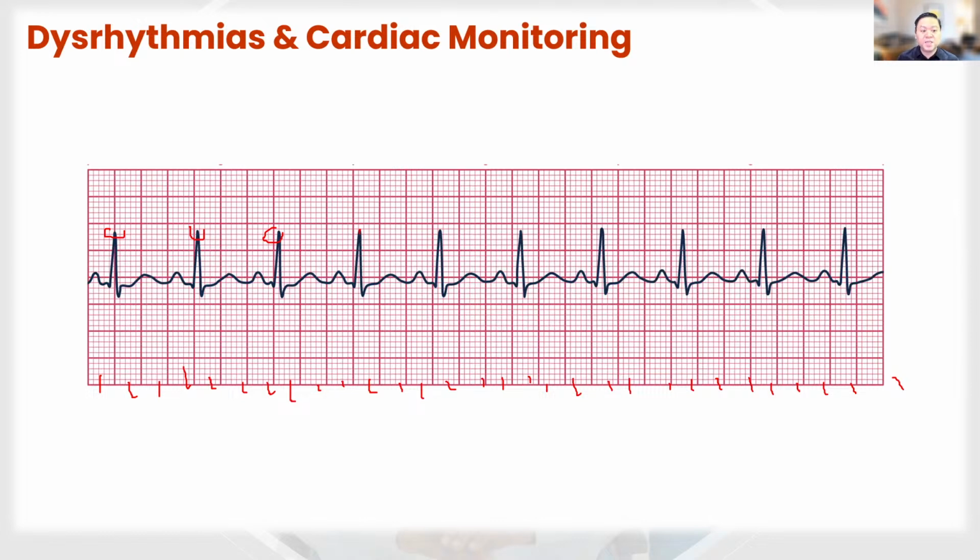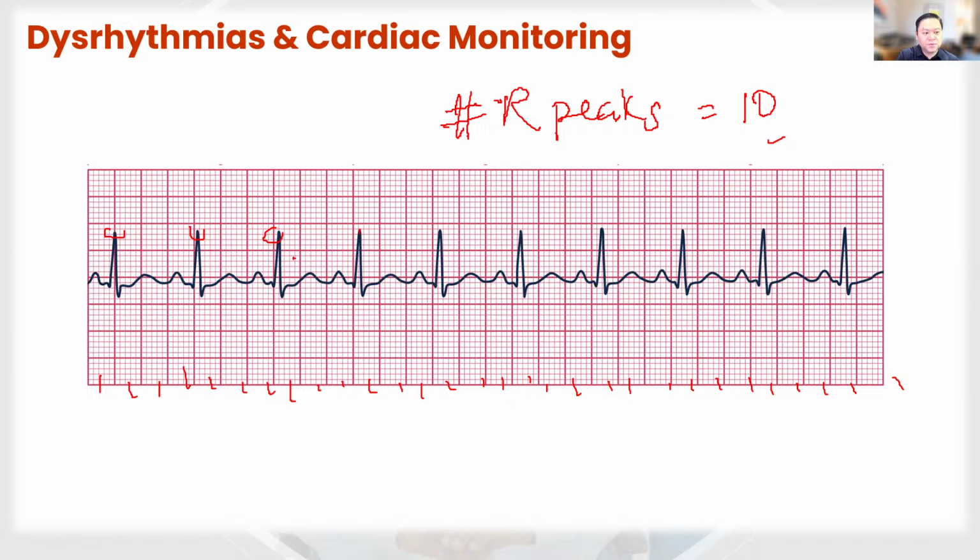So we're going to multiply the number of R peaks by 10, and that would be the heart rate per minute.